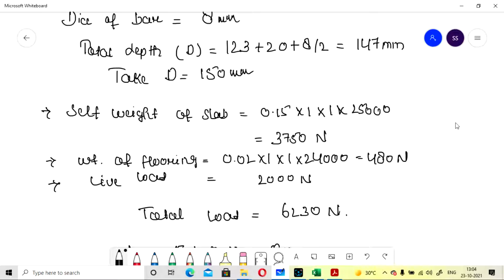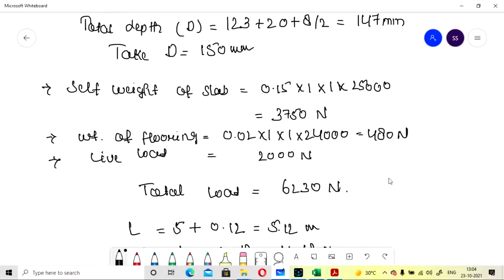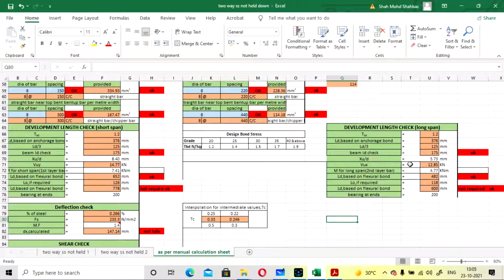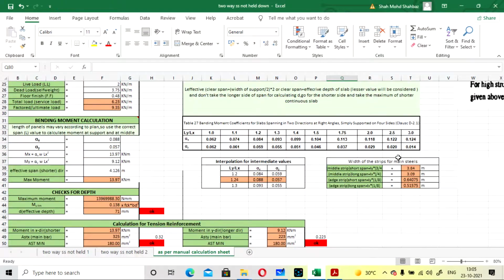Okay, so now live load is taken as 2000 Newton. This will be okay. You can write this as Newton per meter square. In Excel sheet I have also made this for cross verification, so you can easily understand.